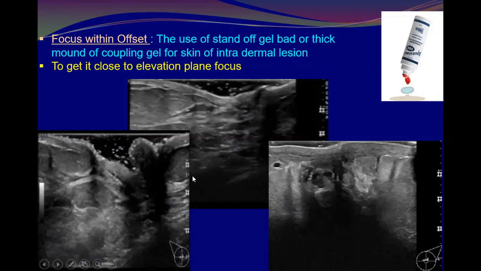So to visualize this superficial area very well, look for the focus, with a large amount of gel here, to get it closer to the elevation plane focus of the transducer. And here also, look for the abundant amount of gel. To see this skin irregularity, without putting gel it will not be visualized, because the transducer will abut the skin and you cannot see it well.